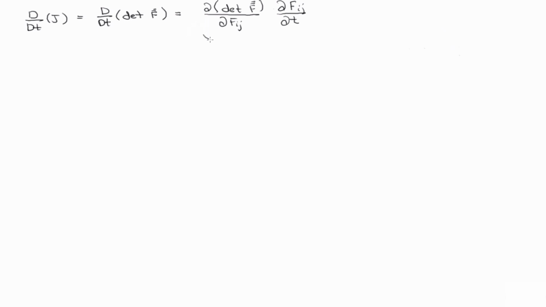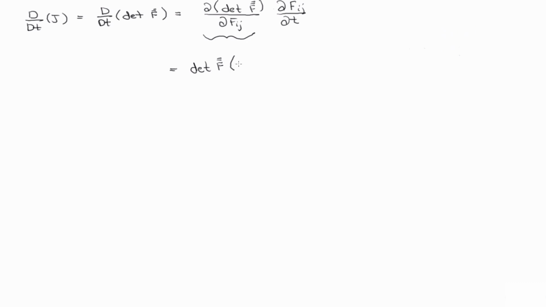Now, there's an identity, and we're not going to prove it here. We're just going to use it. You could look it up in any linear algebra text, that the partial of the determinant of a matrix with respect to its components is equal to the determinant of the matrix times the transpose inverse of the matrix.